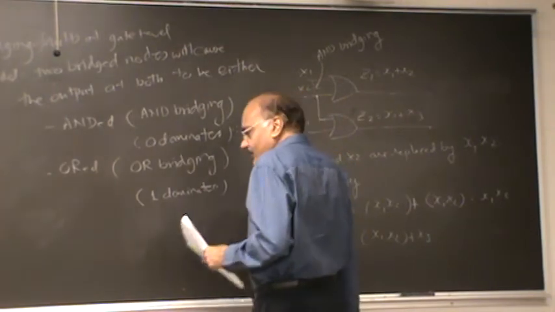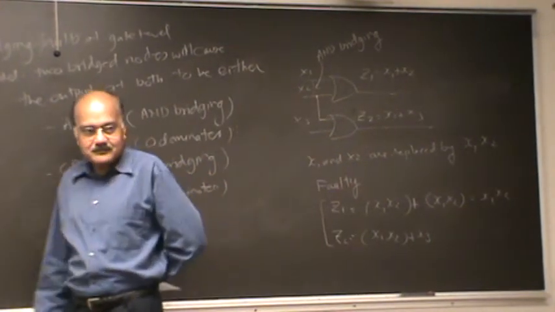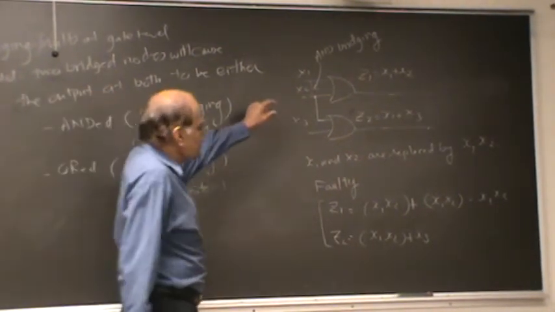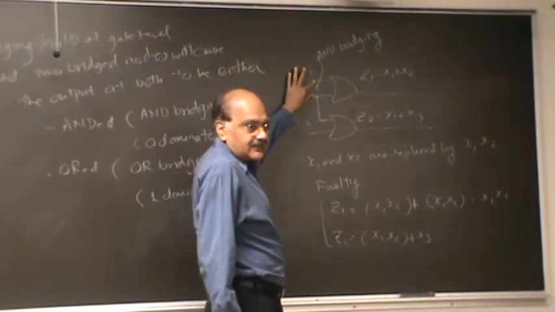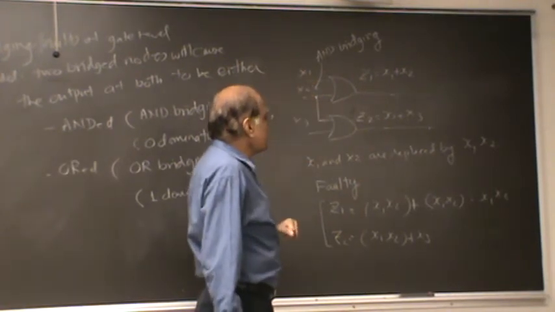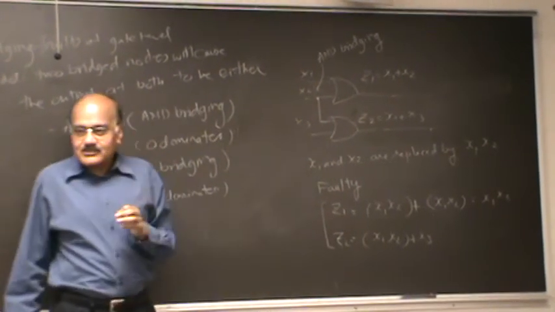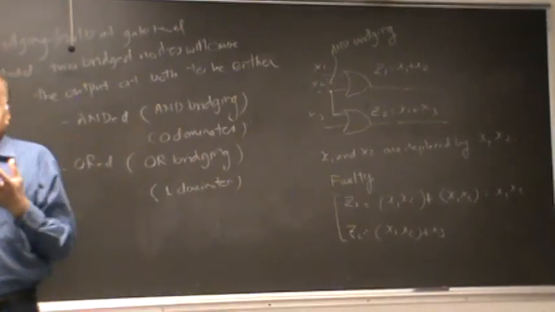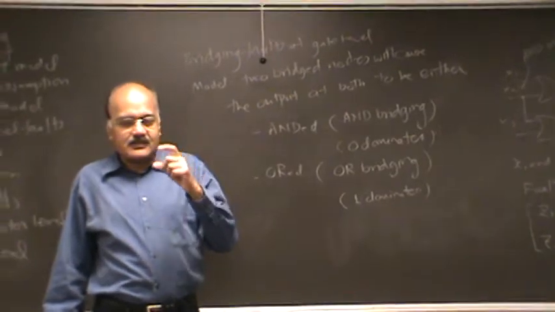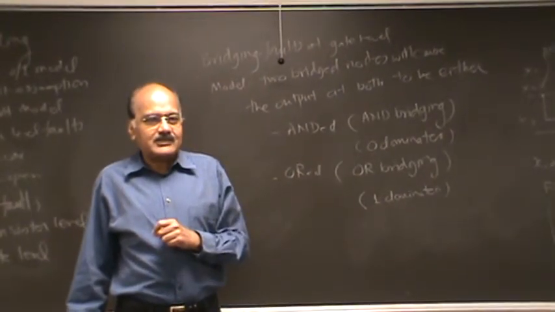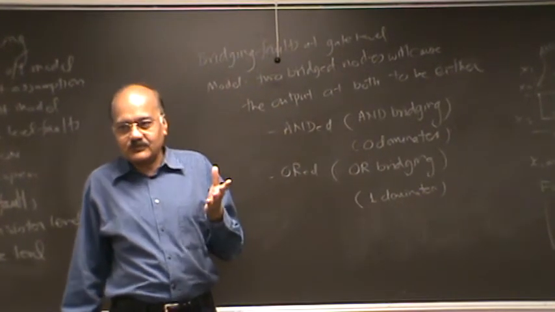So this is how the faulty function would look. Since these two are connected, both of them get replaced with the same value. If a 0 dominates, that is effectively AND bridging, because in an AND function, if any single input is 0, the output is 0, right?